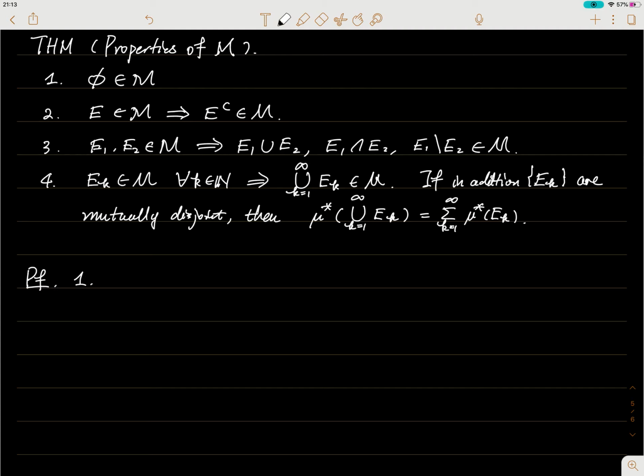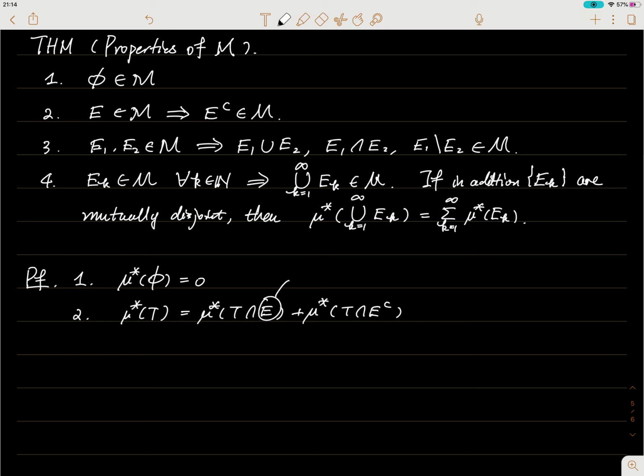So the first one is really easy to prove because the outer measure of the empty set is 0, right? And we showed before that any set with outer measure 0 is measurable. So the empty set must be measurable. For the second one, remember that if E is measurable, then for any test set T, the outer measure of T is equal to the outer measure of the intersection of T and E plus the intersection of T and the E complement.